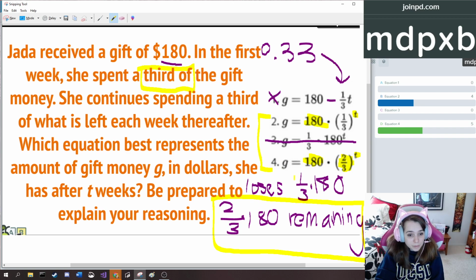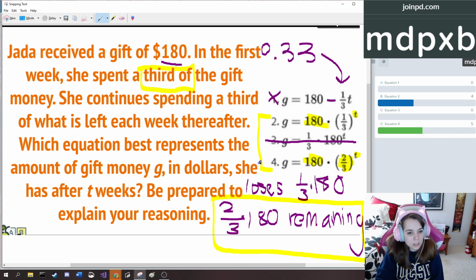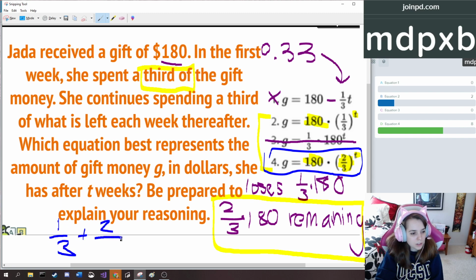So the correct answer for this one is going to be 4. Again, if she's losing a third of 180 every week, that means there's 2/3 remaining. You can see that because 1/3 plus 2/3 gives us 3/3, which is the same as 1.